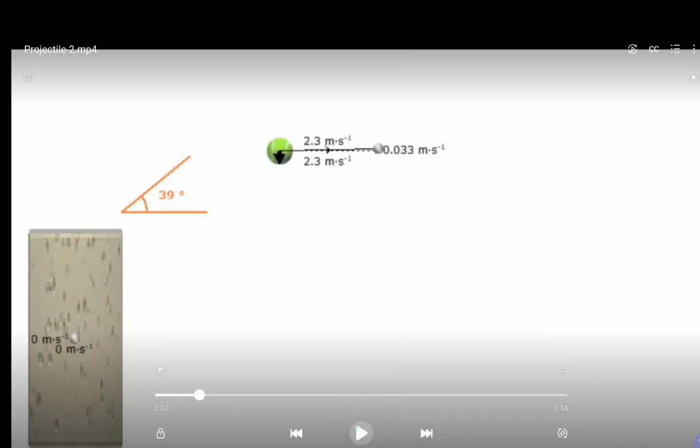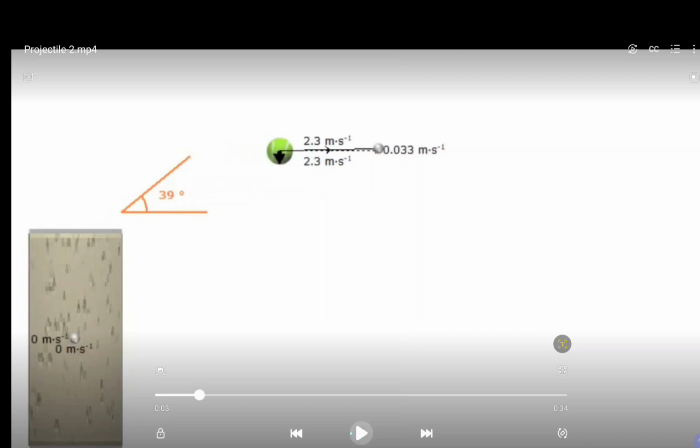As we can see here, x is constant all the way, and at this point, the maximum height, the y component equals 0, and the only velocity component moving this object is the x component.